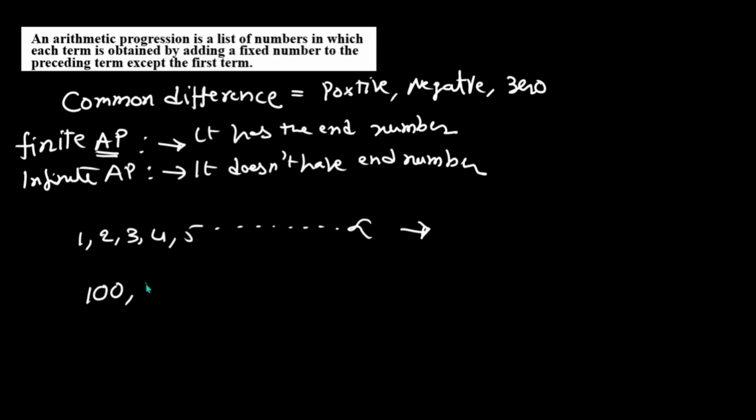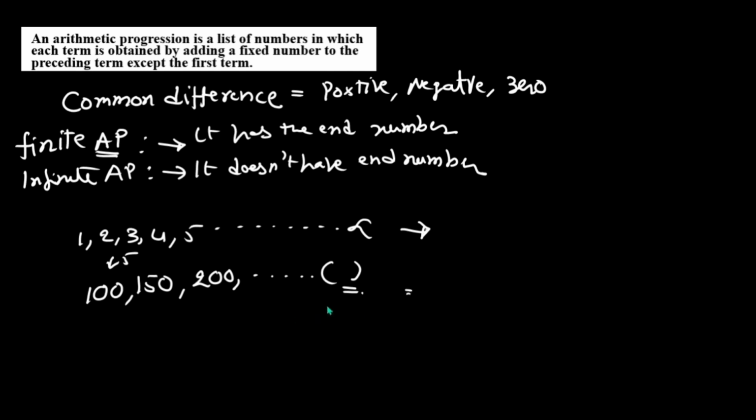So at the age of 5 you have 100 rupees, next year it will go to 150 rupees, next year 200 rupees, and at the age of 10 or so you have a fixed number, right? Then this kind of series we call a finite arithmetic progression.